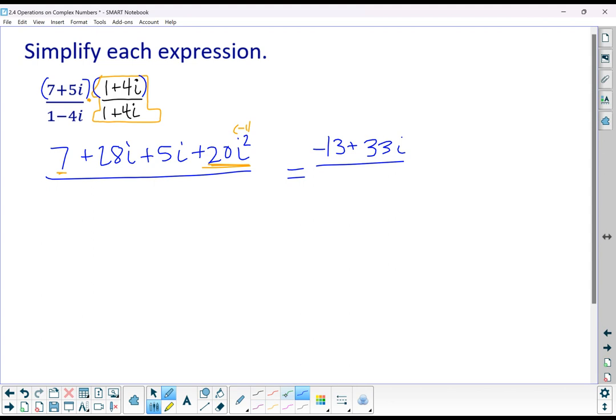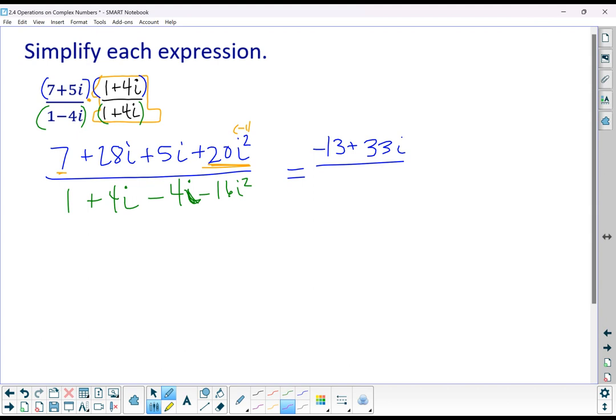Now I'm going to multiply out the denominator. The denominator is 1 plus 4i times 1 minus 4i. So if I multiply that together, 1 times 1 is 1. 1 times -4i is -4i. 4i times 1 is 4i. And then we have a negative 16i squared.